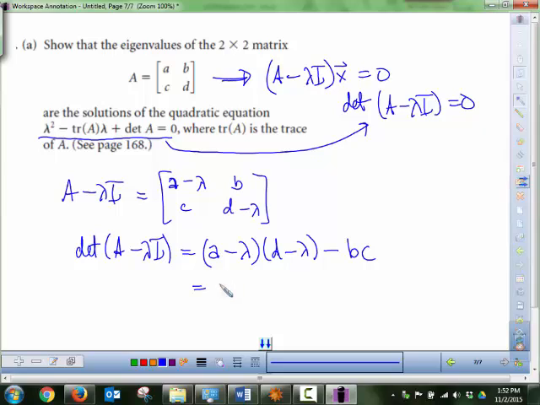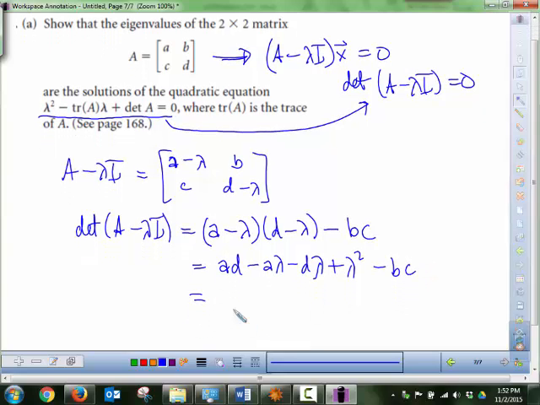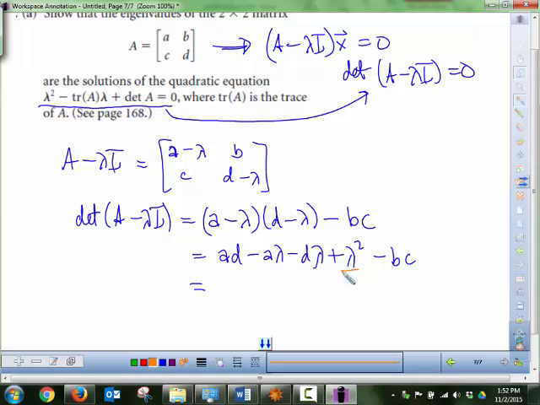So if we multiply this out, we get AD, FOIL. We have a minus A lambda minus D lambda and plus lambda squared minus BC. So now it's just a matter of collecting your terms. I'll start off with a positive lambda squared. Now I have two terms here, the negative A and negative D. So the suggestion is to pull out a negative sign.